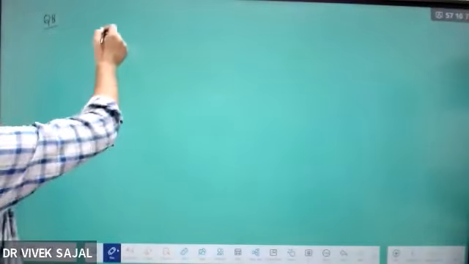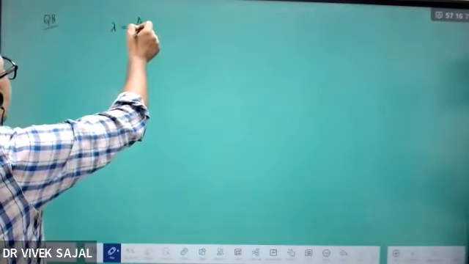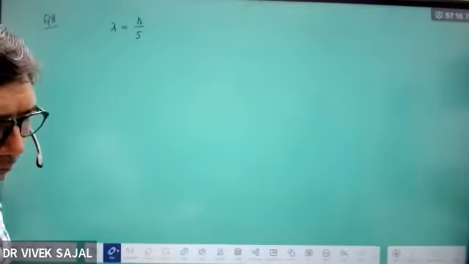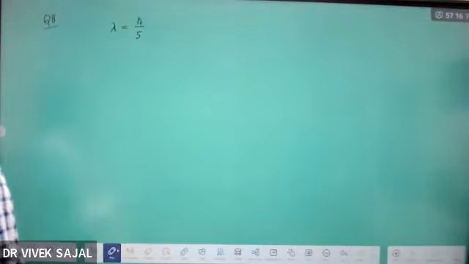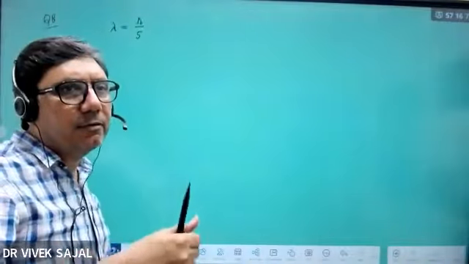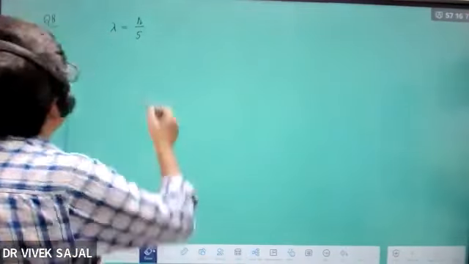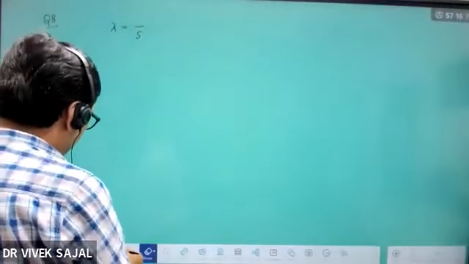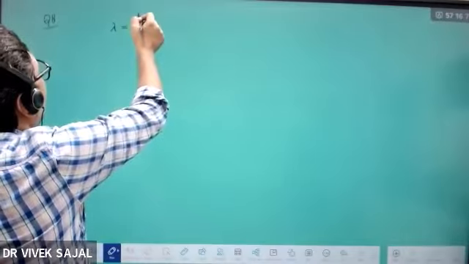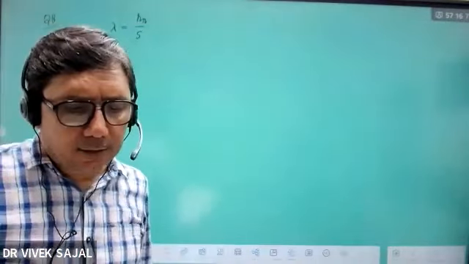So they are saying the de Broglie wavelength is 1/5 of its radius. I don't know whether this is the n equal to 1 orbit, n equal to 2 orbit, or n equal to 3 orbit. So what can I do here? In place of R, I will write Rn.